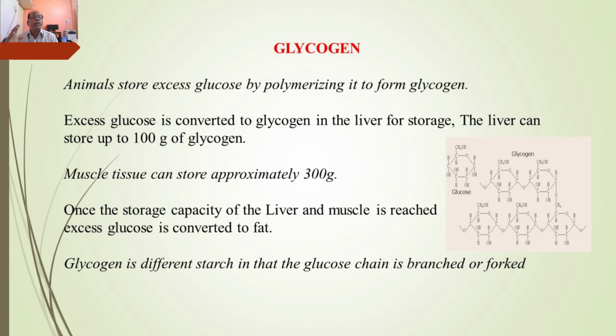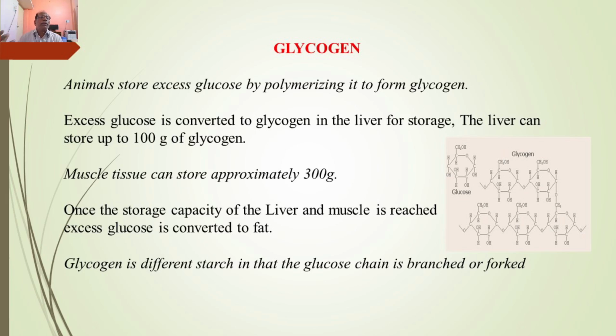The excess of the glucose, after finishing the capacity of the storage of sugars or glucose in the liver or in the muscles, is transformed into fats. Glucose is a monosaccharide and it is a primary source of energy.